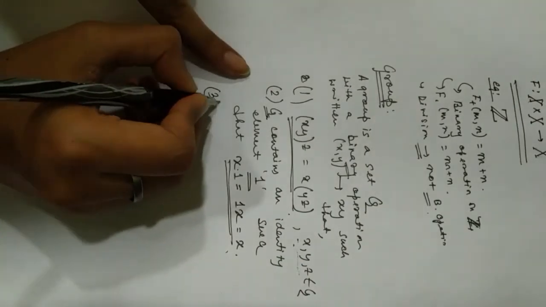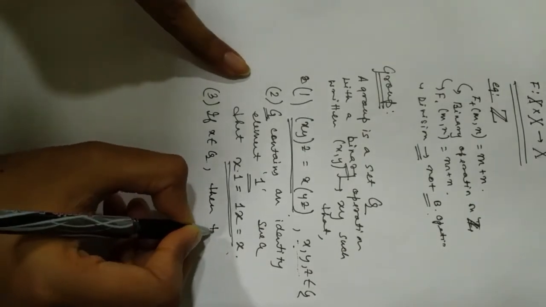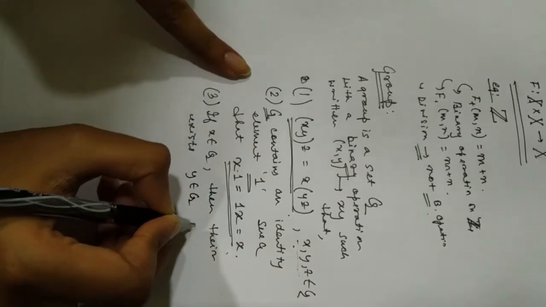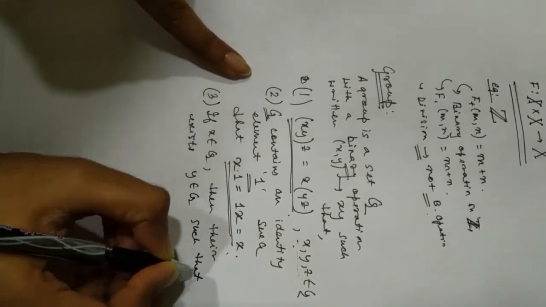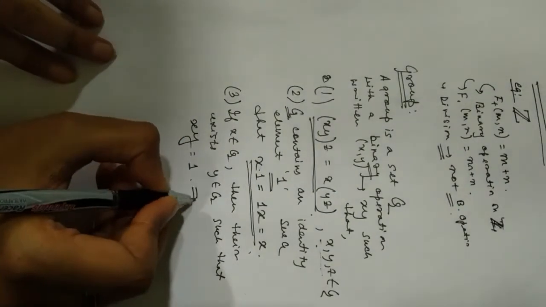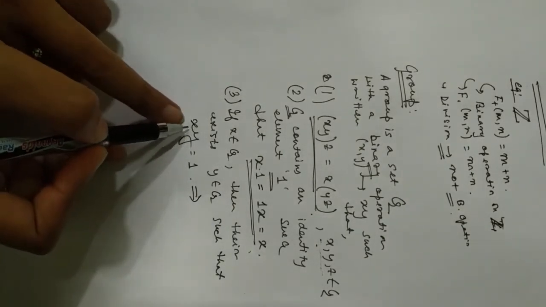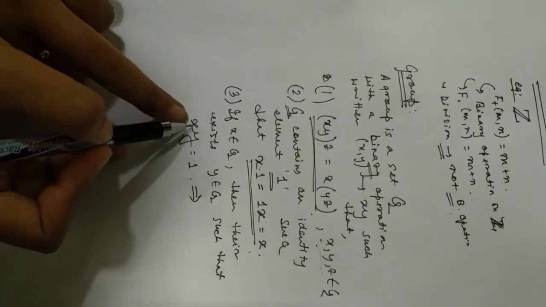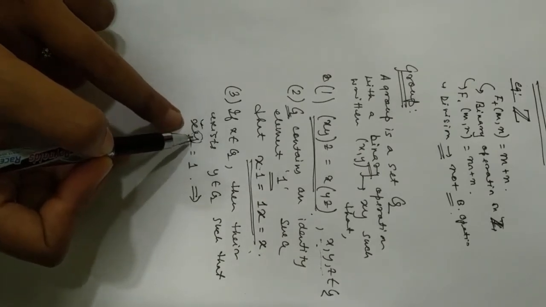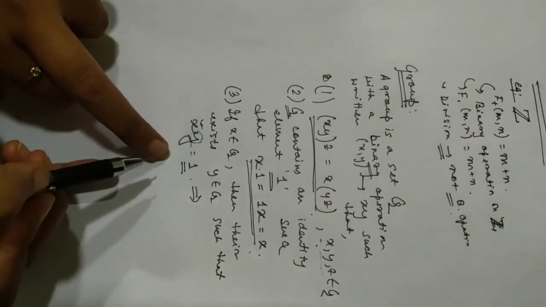And the third axiom is, if x belongs to G, then there exists y belonging to G such that xy is equal to 1. That means corresponding to every x, we will have another element y such that when the binary operation is performed on both of them, we get the identity element.